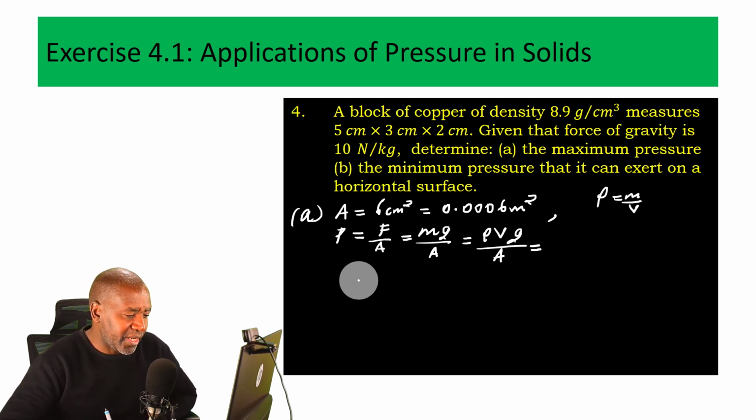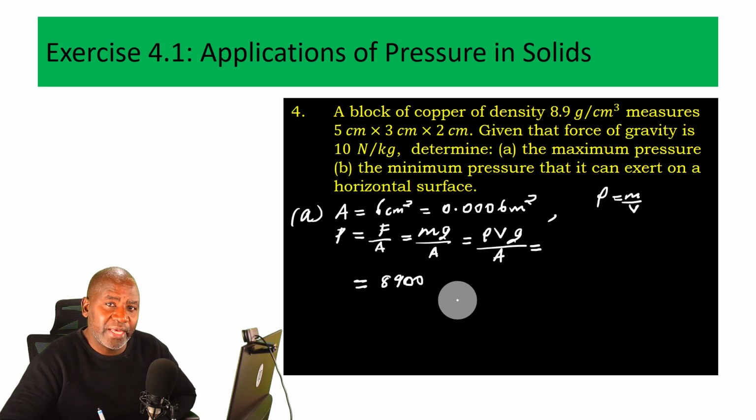So this is where now you might want to calculate these, or substitute all the values into this equation. The density, this one here, is 8,900. How did I get that?